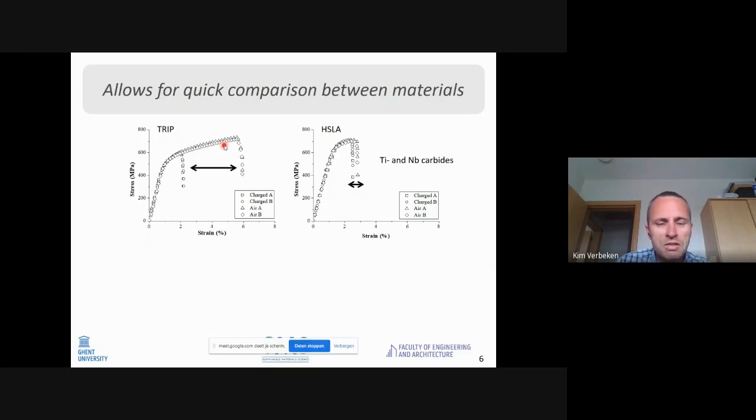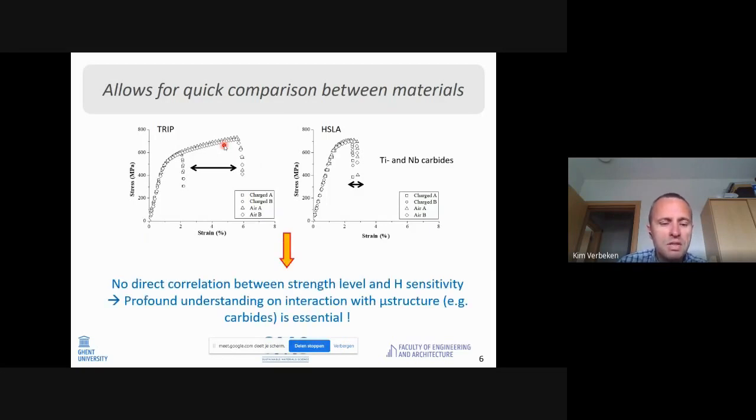So just saying that a high strength material is more sensitive to hydrogen than a lower strength material is not correct. Because there is no direct correlation between strength level and hydrogen sensitivity, it is the microstructure of your material which is essential.